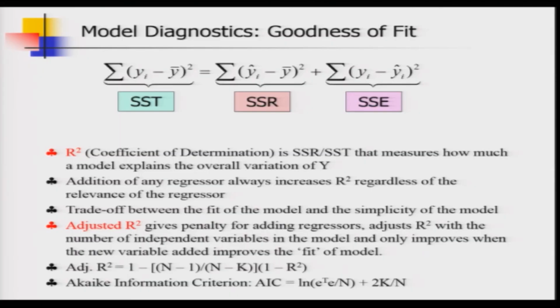So, now let us look at the formula of the adjusted R square. It is a little bit complicated compared to the original R square formula. So, it is given by 1 minus (capital N minus 1 divided by capital N minus k), and this whole is multiplied by 1 minus the original R square. Many softwares routinely report this adjusted R square. You do not have to even ask the software to calculate it separately.